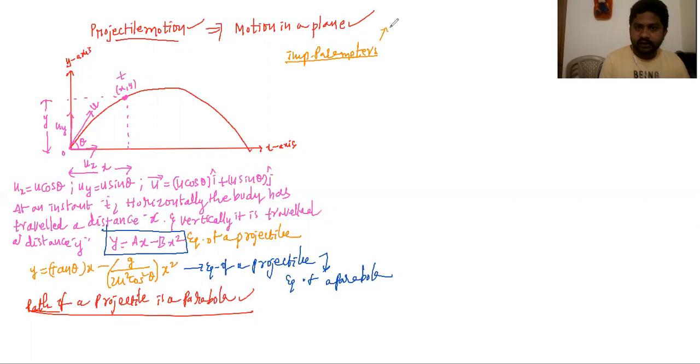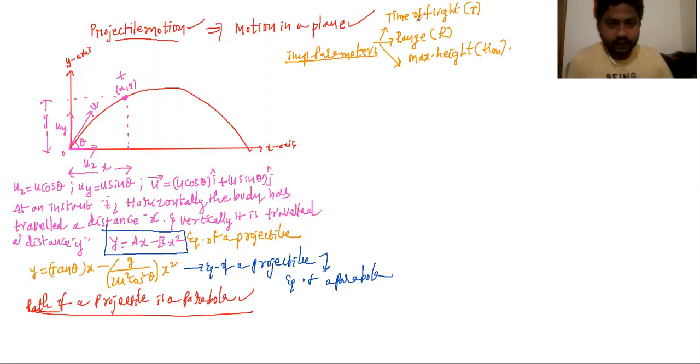Number one, first one is time of flight, denoted with the symbol capital T. The second thing is the range of a projectile, denoted with the symbol capital R. And number three is the maximum height of a projectile, denoted with the symbol H max. How simple it is. With a simple and a single diagram, we are going to do that.